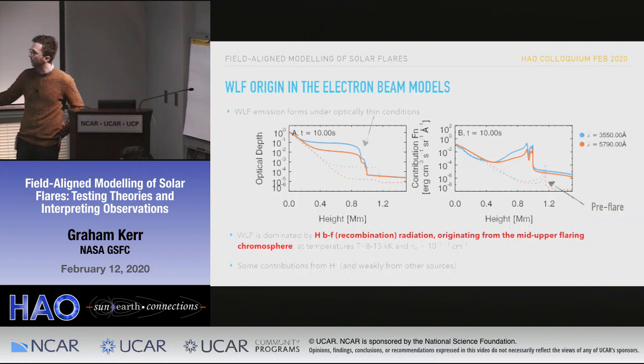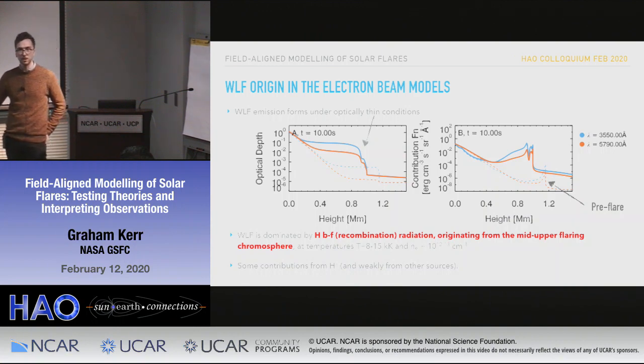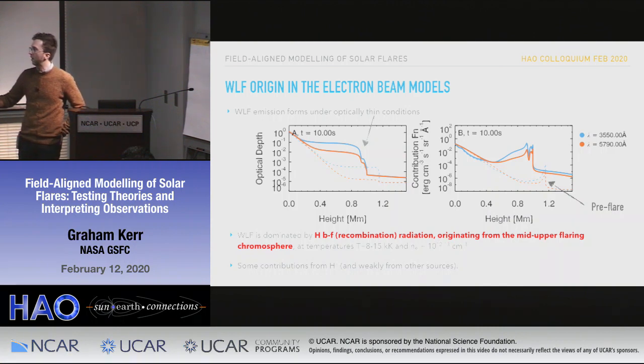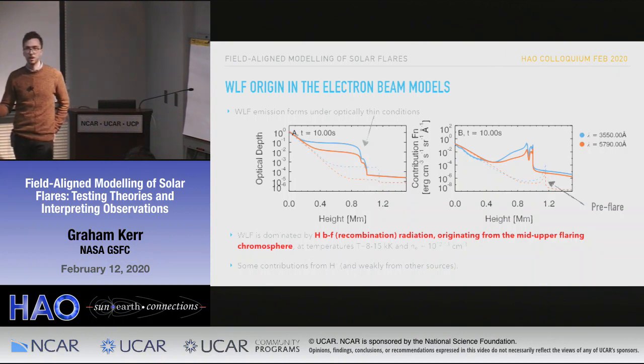And I noticed that there's a fairly consistent temperature range here. Throughout all the simulations, the white light was coming from an 8 to 15,000 Kelvin plasma with, in this case, an electron density of 10^12 or 10^13. And I'll show that the electron density is really what guides the intensity of the emission in these cases.